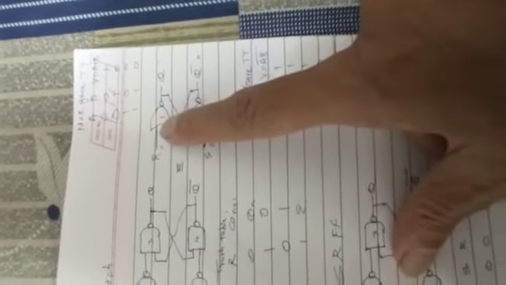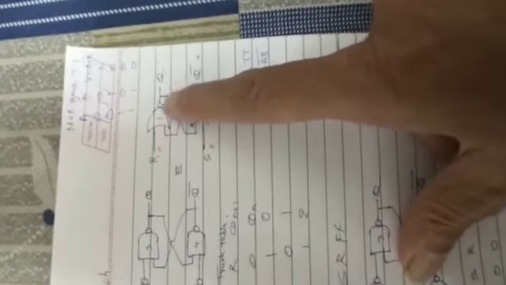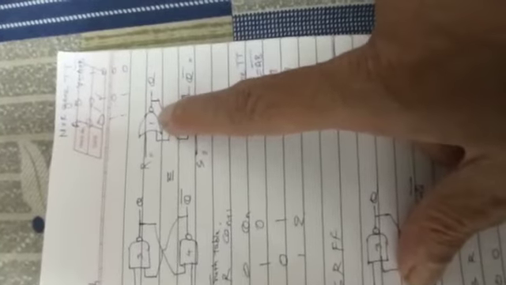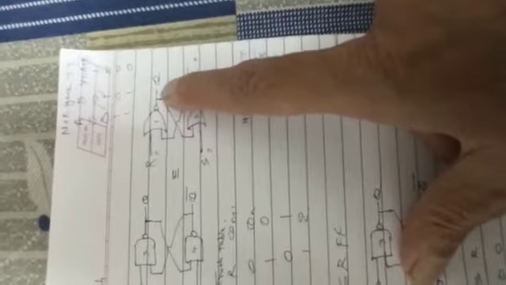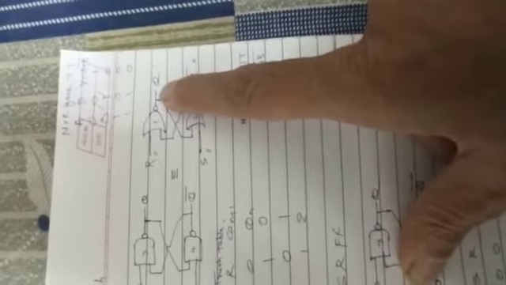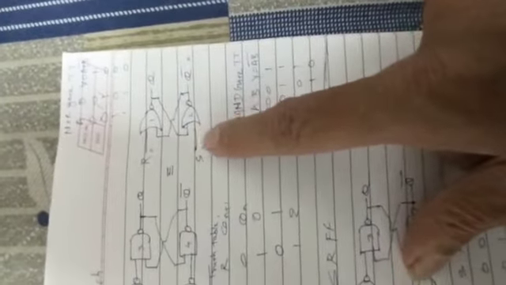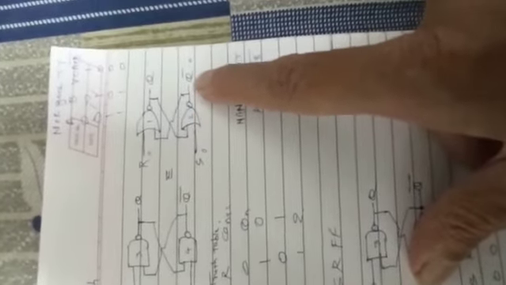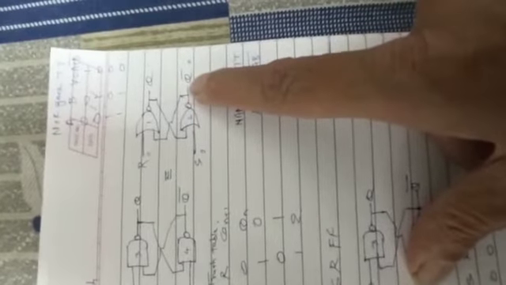If R input is 1 and S input is 0, in that case it will reset. Now see how. If R input is 1, the output of NOR gate 1 will be 0, and this 0 and this 0, so here 1 will be available.